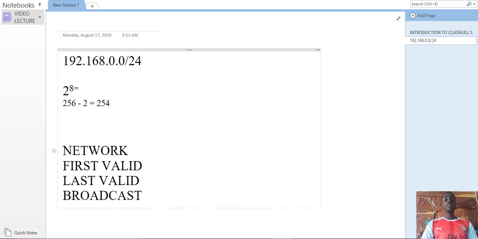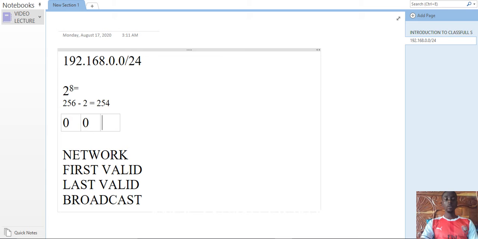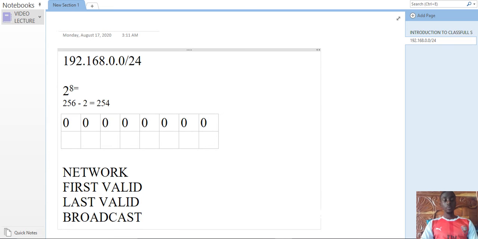Now what we do is we are going to subnet this. So we're going to bring these zeros and put them in binary. We need to convert the 0 into binary, so we put 0 0 0 0 0 0 0 0. How many zeros do I have? Because sometimes I have a problem knowing this. 1 2 3 4 5 6 7 and 8.